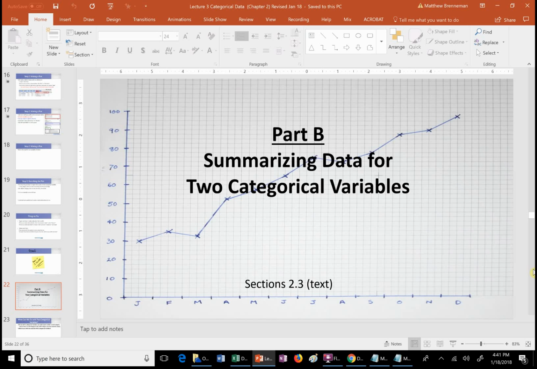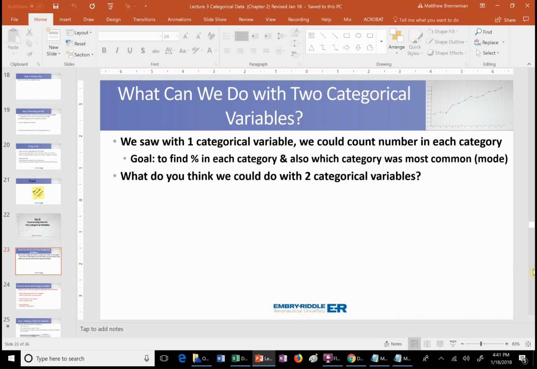Okay, so I want to talk about two categorical variables now. So what we want to do is look at how often two categories occur for different variables. And so let me just pose this question. What if we look at make and leather? This will be my first categorical variable.